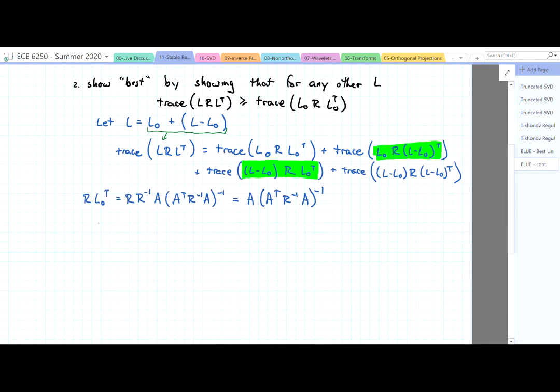Okay, so now we can go to our next complicated expression here. We're interested right now in the ones highlighted in green. So this is going to be equal to L minus L naught times A transpose R inverse A, all inverted.